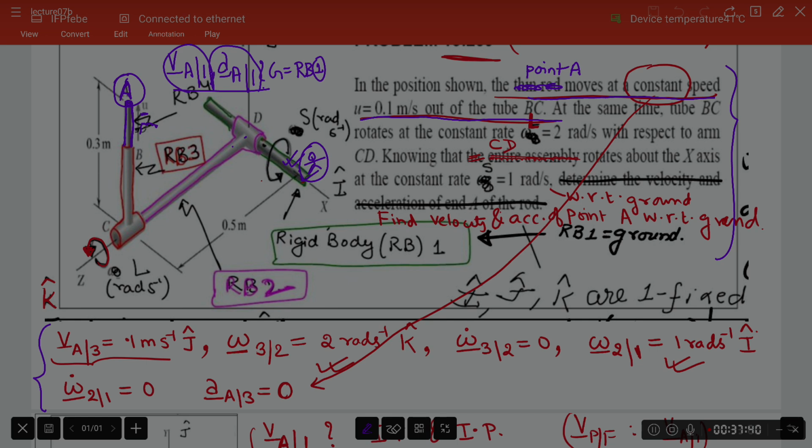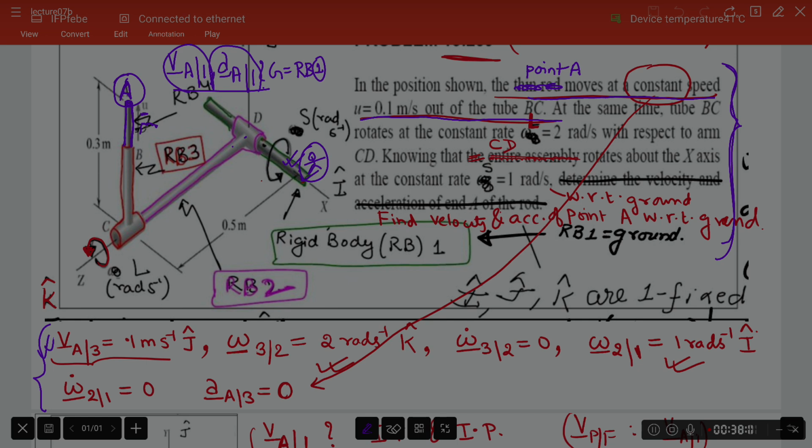So let's reread the problem statement and keep writing the relevant mathematical quantity which we can infer from the given information. All these things are already written on this slide, but I would like to explain which part of this statement is giving which of the quantities here.